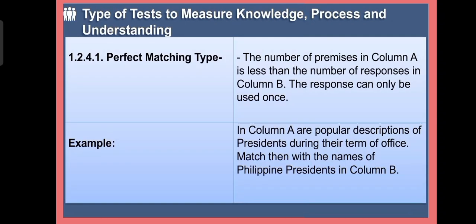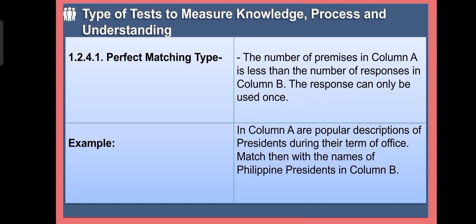So next, perfect matching type. Example, in perfect matching type, the number of premises in column A is less than the number of responses in column B. The response can only be used once.